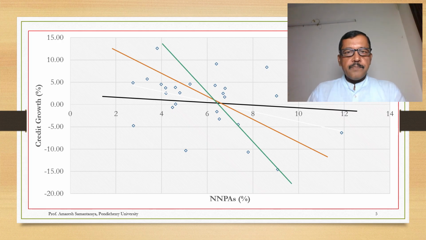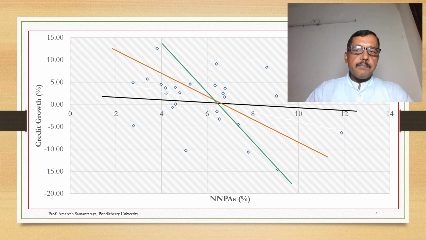The best way is, can we think of a scientific way which is objective, convincing and acceptable to all to explain the impact of NPAs on bank credit growth looking at the graph in front of you? For that, we are gradually moving towards OLS, which is a very scientific and objective method to capture the impact of NPA change on bank credit growth.